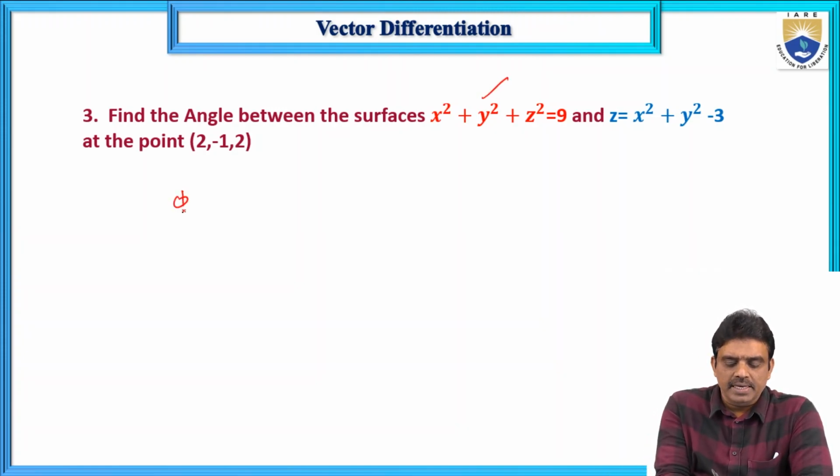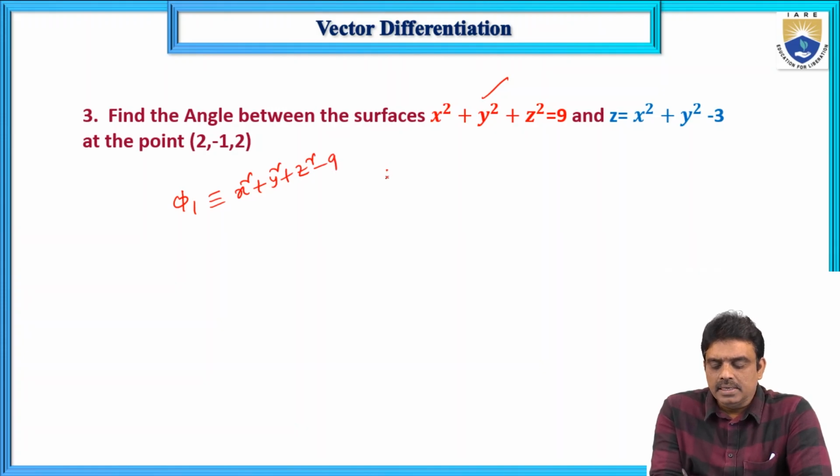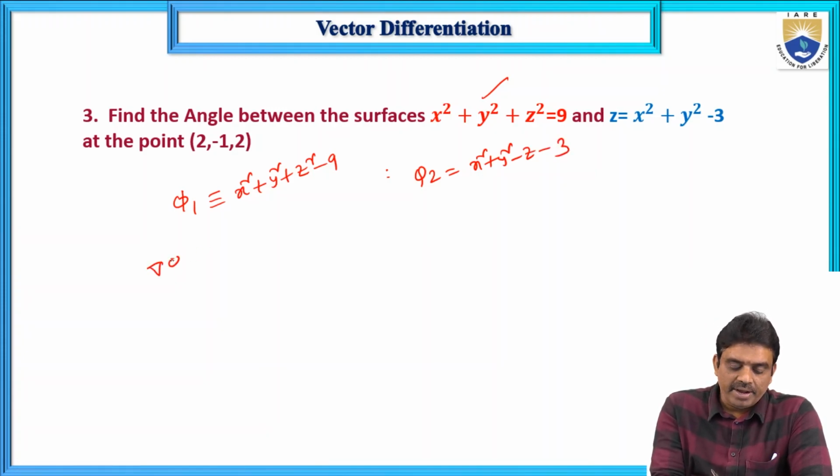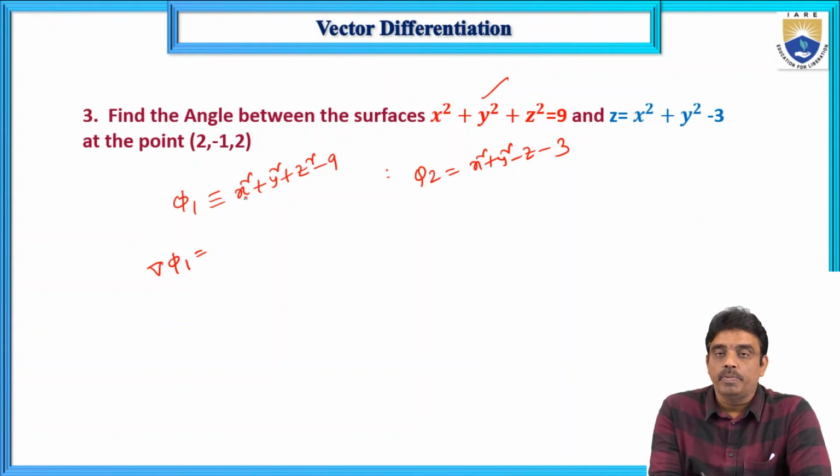Suppose phi 1 is x square plus y square plus z square minus 9, and phi 2, the second surface, is x square plus y square minus z minus 3. Then grad phi 1 is i bar dou by dou x of this, that is 2x, plus j bar dou by dou y of this, 2y, plus k bar dou by dou z of this, 2z.